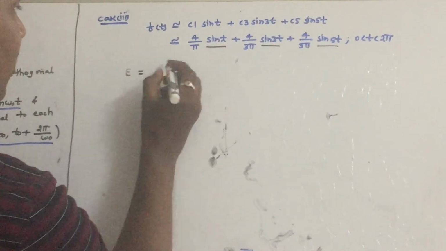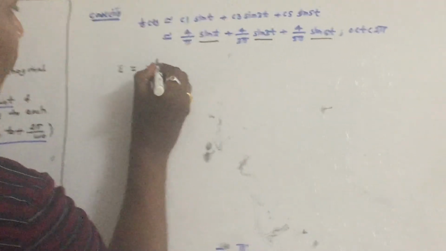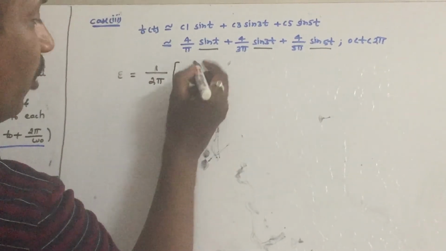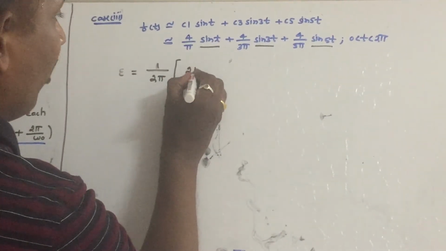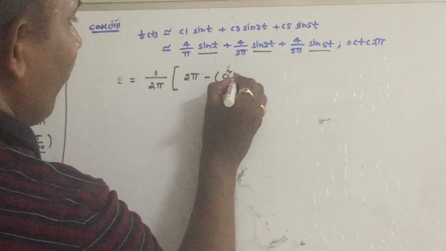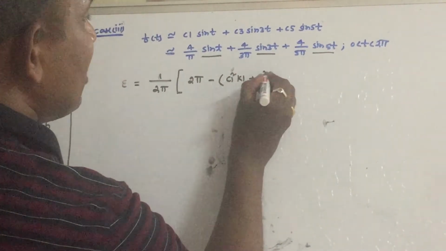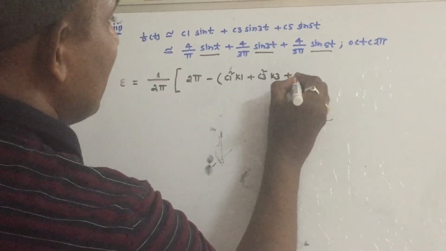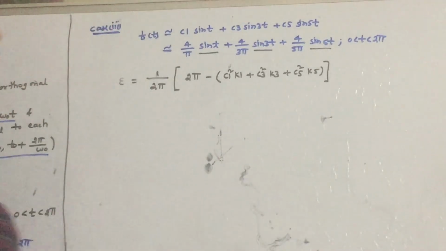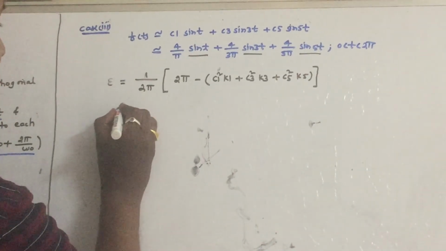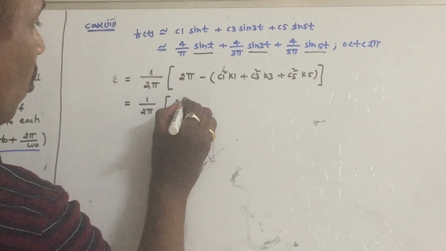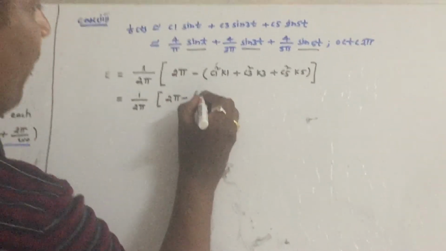So what is the error in this approximation? Remember the formula. Directly I am writing the formula: 1 by 2 pi integral t1 to t2 of f square dt, we have got 2 pi, minus what we have to write? C1 square K1 plus C3 square K3 plus C5 square K5. So you just substitute, that is 1 by 2 pi, so this is 2 pi. What is the C1 value? 4 by pi.